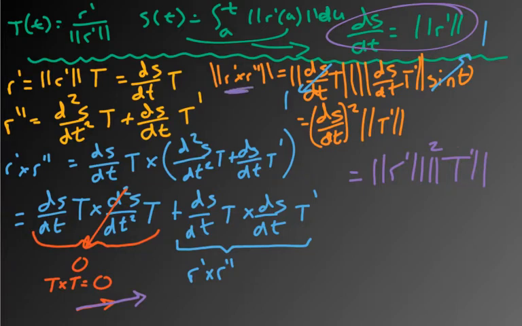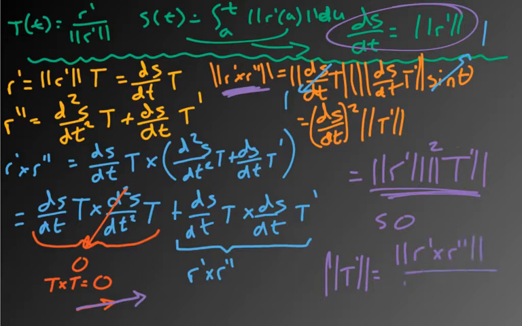And we know that this is equal to this, right? So if I divide both sides by the magnitude of r prime squared, I get the magnitude of t prime equals the magnitude of r prime cross r double prime over the magnitude of r prime squared. And that is what I wanted to show.